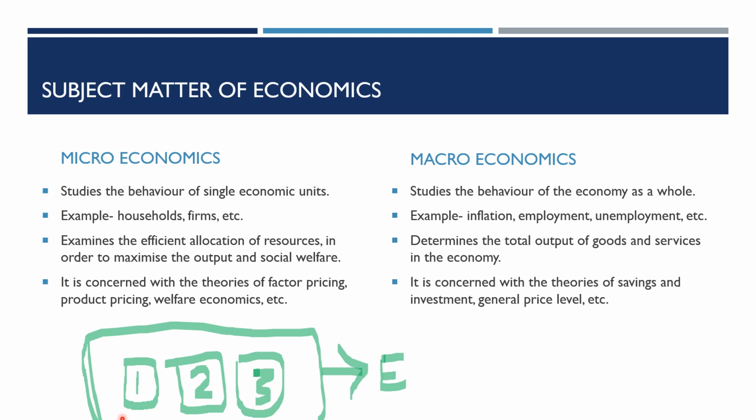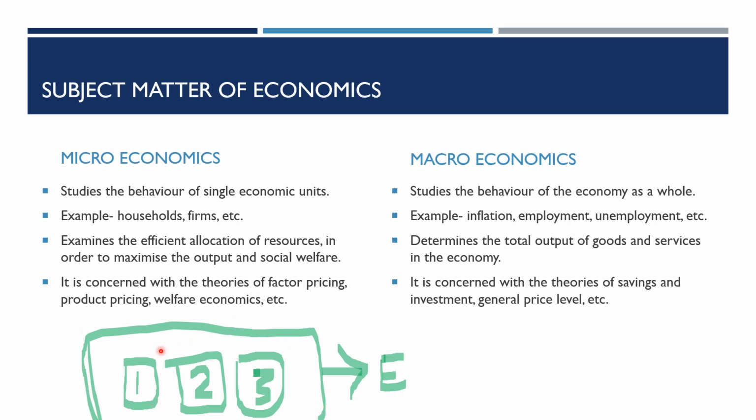When I study the behavior of only household one, and then I pass a judgment that this has to happen in the entire economy based on my study of household one, that is referred to as microeconomics. In microeconomics, we're analyzing one single economic unit and passing judgment for the whole economy.